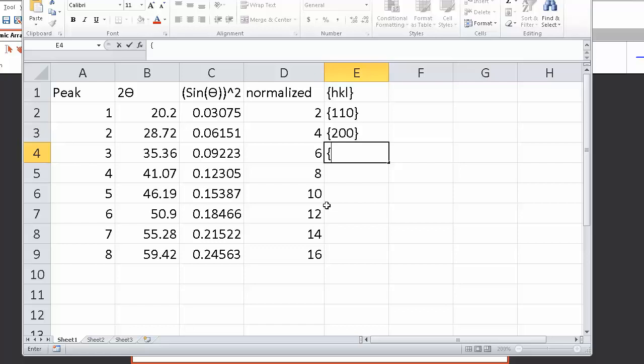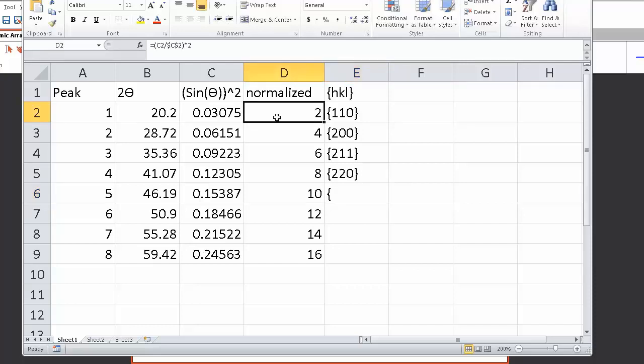So we could have a 211. 8 is 220. So if we square each of these and add them, we get this value here.